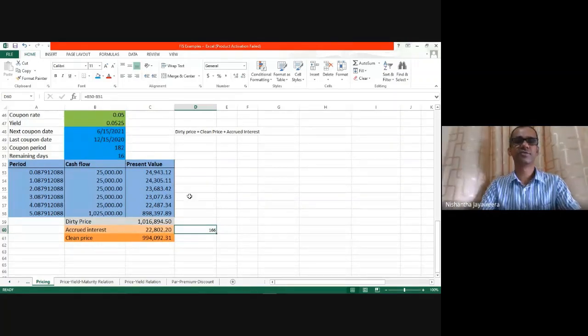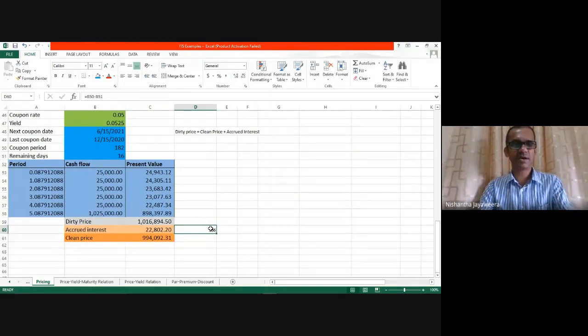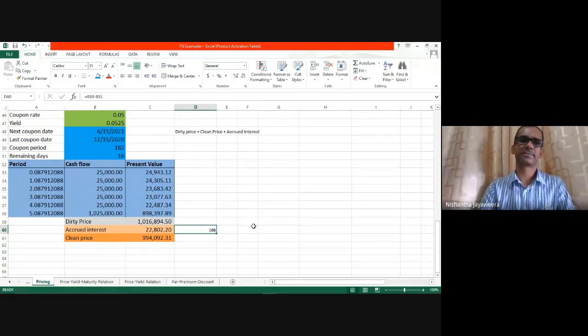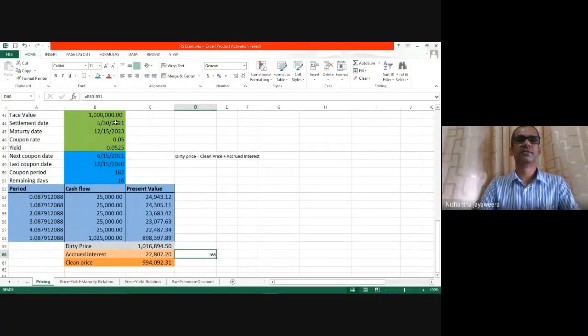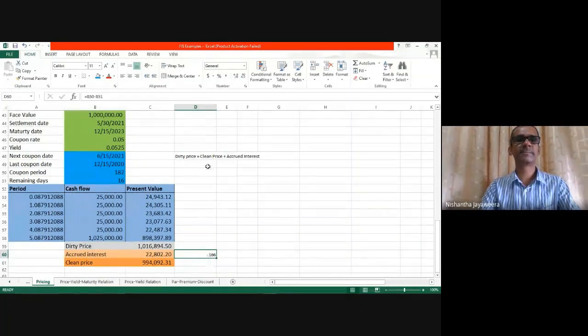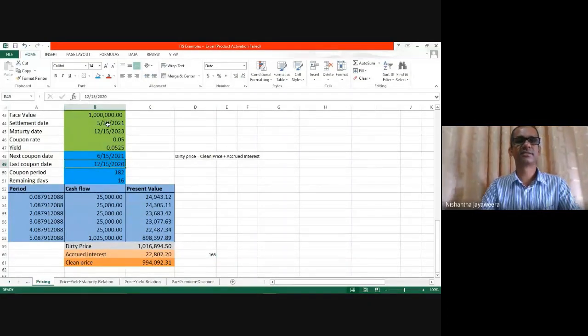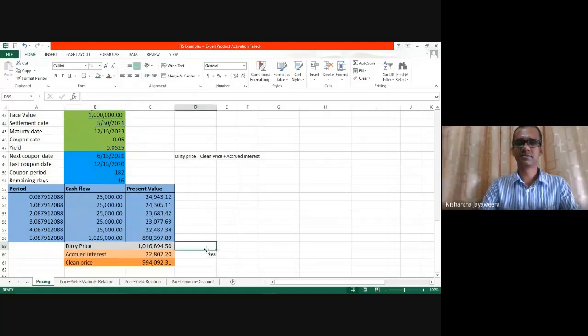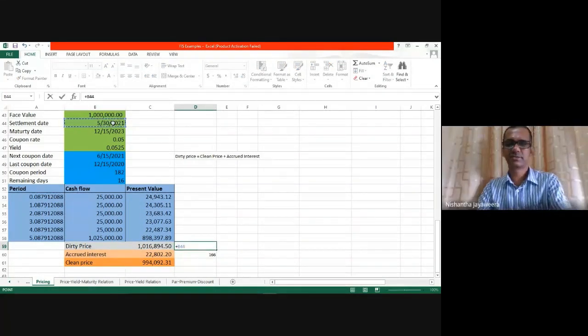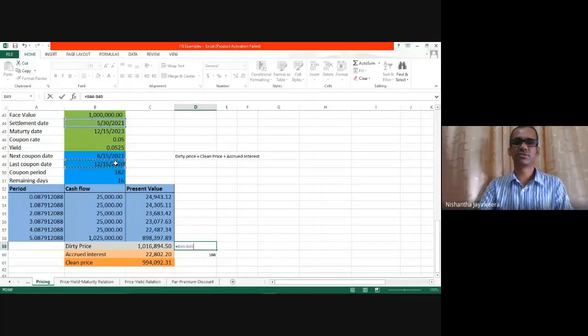That is the difference between the... So that's the same answer we got for the accrued interest previously, I think. Oh, no, the settlement date may be different here. So this 166 days, what is this? This is the difference between last coupon date and the settlement date. We'll try that one. Settlement date minus last coupon date.